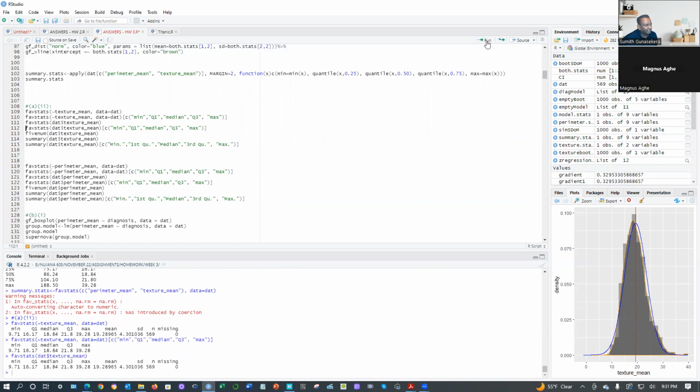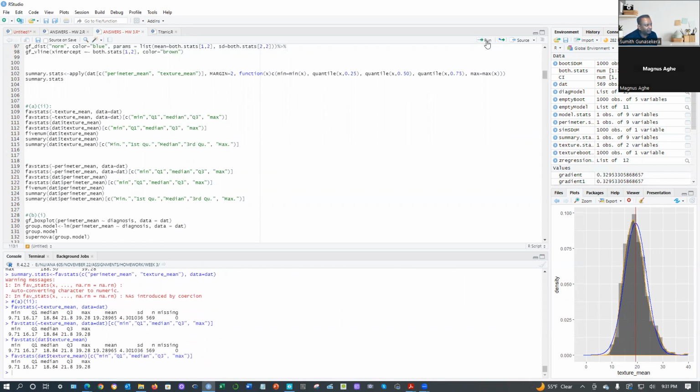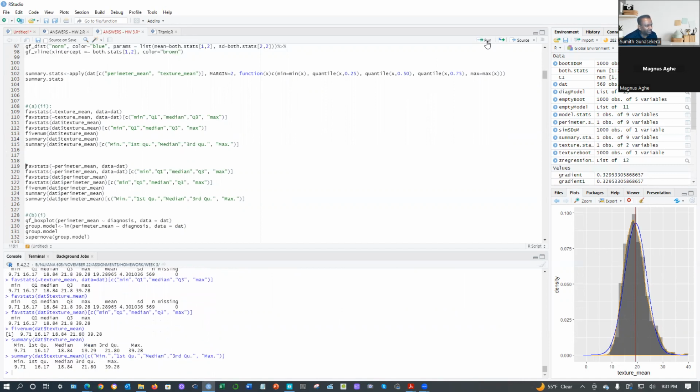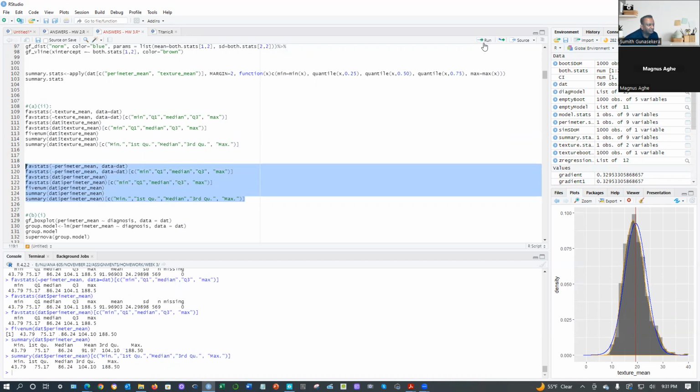Many ways. Again you can narrow down: go to fivenum, go to summary, and extract what you need. Same thing for perimeter mean as well. Sorry, this one is for the texture mean, this one for the perimeter mean. Same thing in different ways.